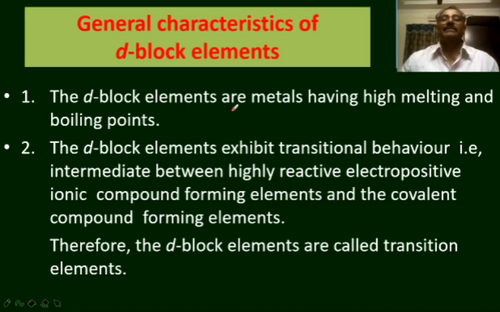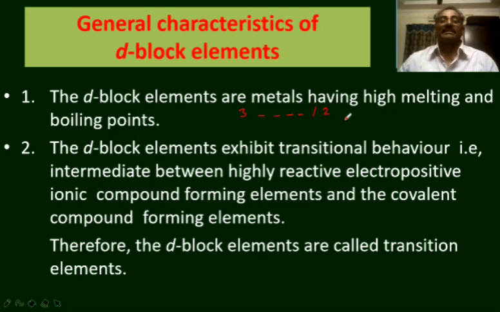The elements belonging to third group to 12th group are said to be the d block elements, in which the d orbital of the penultimate shell is being filled with electrons successively.